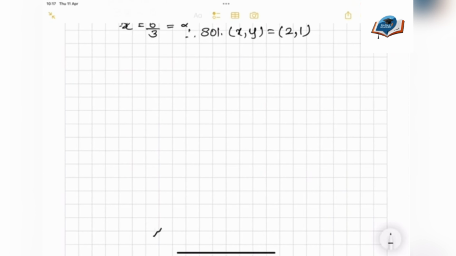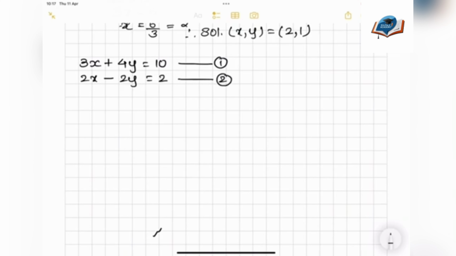Now let us discuss the second method also. Again I am taking the same equations. Let me write both the equations first and then I am doing it. So 3x plus 4y equal to 10, that was first. And the second equation was 2x minus 2y equal to 2.